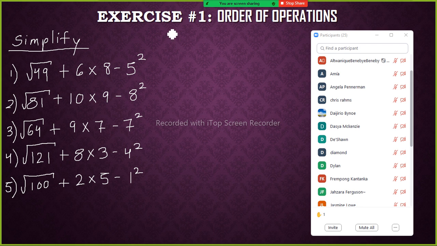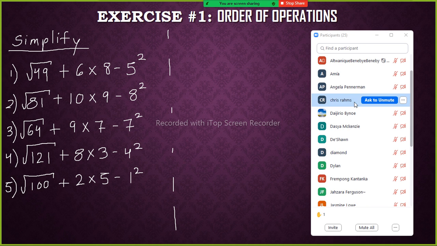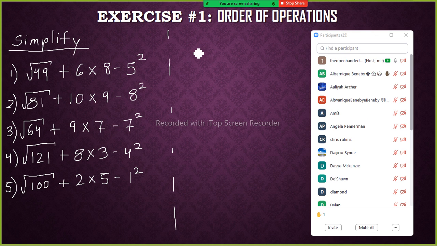Okay, so let's begin with number one. Who wants to help me with number one? Okay, I see Albert, I guess your hand is raised. Yes, sir. Help me with number one. So we have the square root of 49 plus 6 times 8 minus 5 squared.